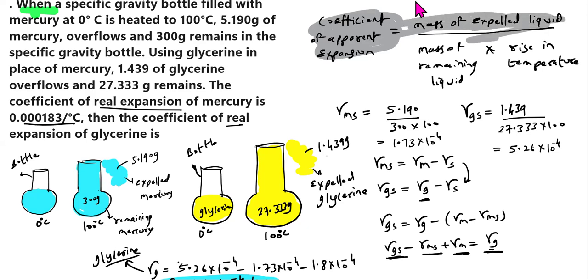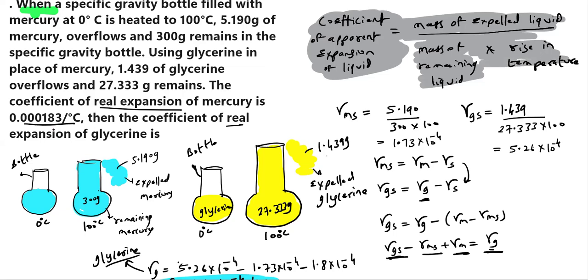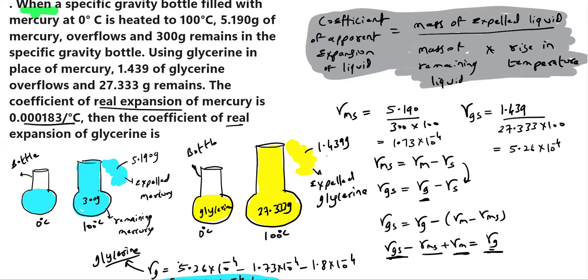The coefficient of apparent expansion of a liquid is equal to mass of expelled liquid by mass of remaining liquid into rise in temperature. And this is an important formula by which we can calculate the apparent expansion of a liquid. Once you know the apparent expansion, we can calculate the real expansion.